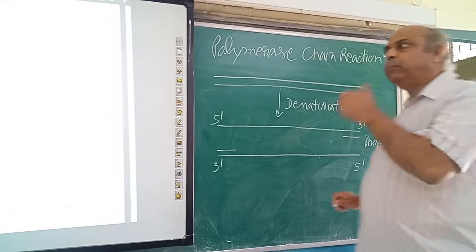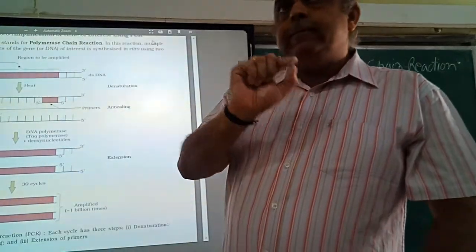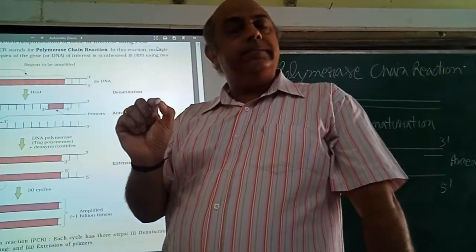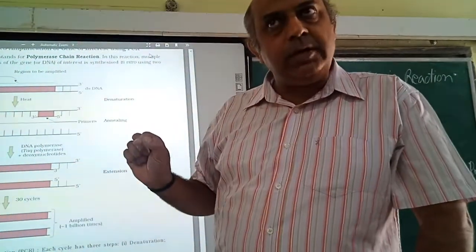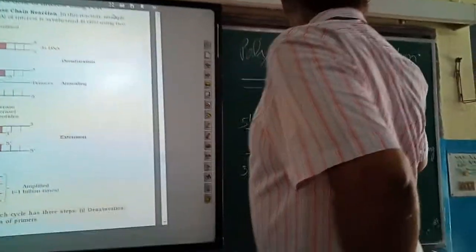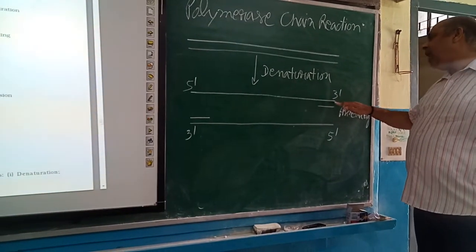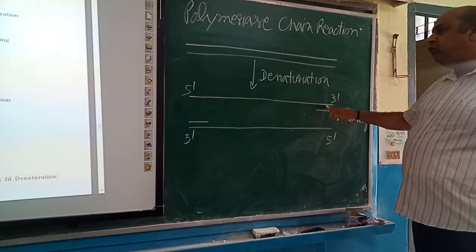Annealing is a very important step. If we want to amplify a particular DNA segment through PCR, we should know the nucleotide sequences present at the 3' end of both these strands.